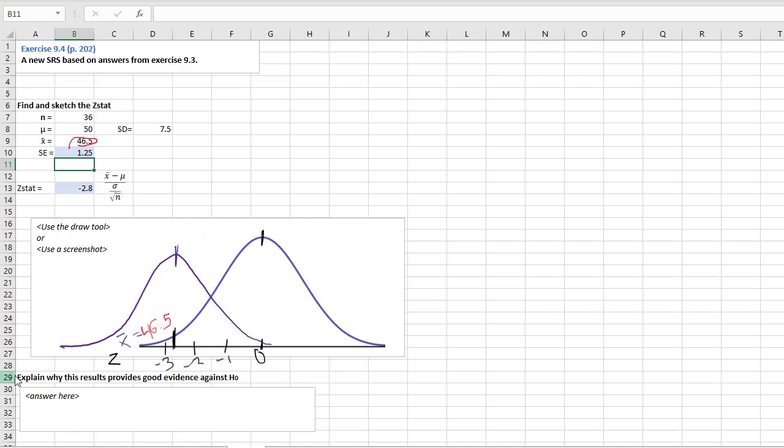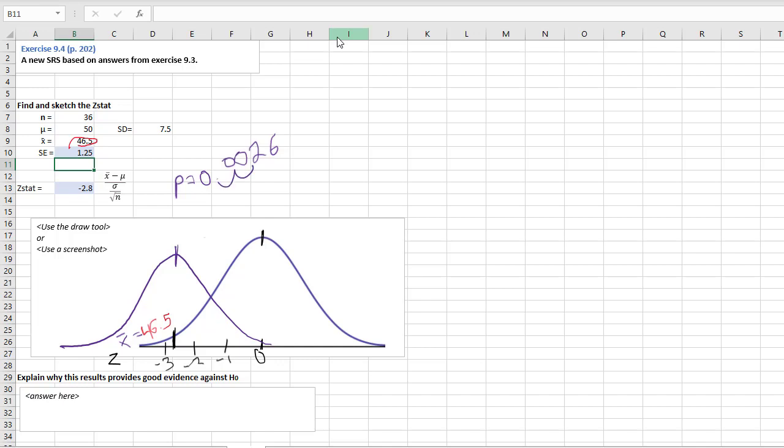Okay, so explain why this provides good evidence against the null hypothesis. Well, the answer is if we were to look up negative 2.8 and see the probability of having a mean at this level, then our p-value is 0.0026.